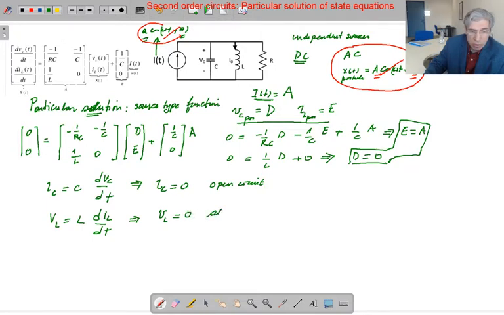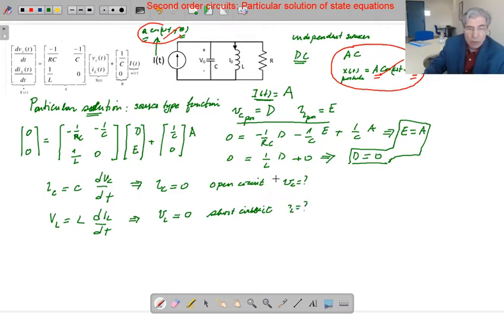That is short circuit. So we already calculated that IC and VL are 0. So what about that VC? We don't know that VC, and we don't know IL.